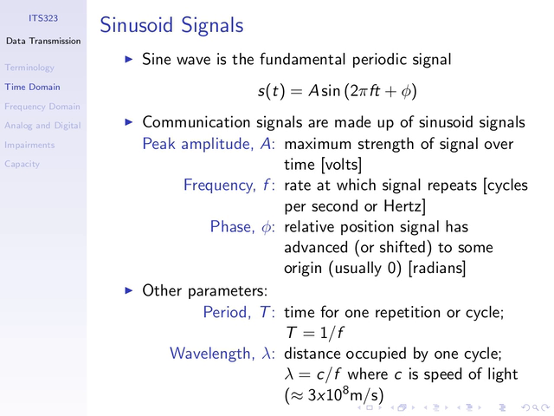Another thing that we often use is the wavelength, lambda. Lambda is the speed of light, c, divided by the frequency. If I give you the frequency, you can work out the period or the wavelength. We only need to know one of them to work out either of the other two.